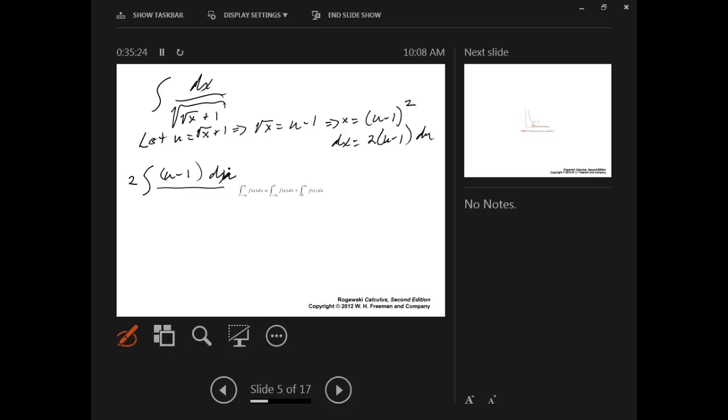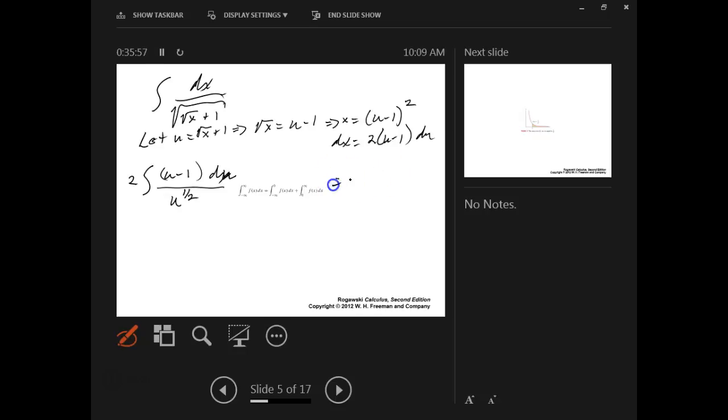The 2's on the outside, okay? And then what we've got here is u over u to the 1/2 power, right? I don't like writing it like that, but I already had everything else in place right there. Because you see, this is the square root of u, right? You see it? But it's in the denominator, okay?